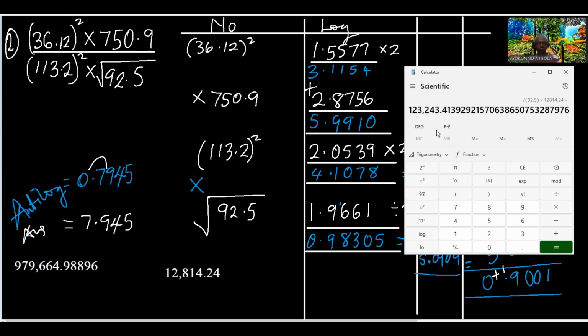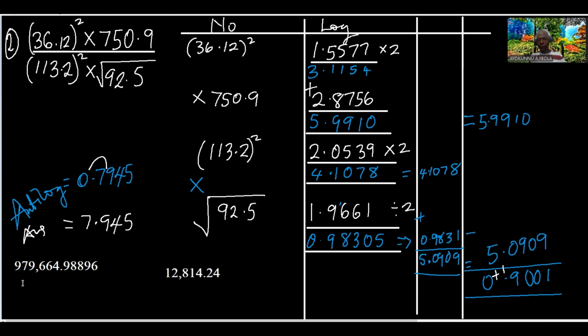So this gives me this big number. Let me just round it up: 123,243.4139. So this is the number that I want to use to divide this other number.